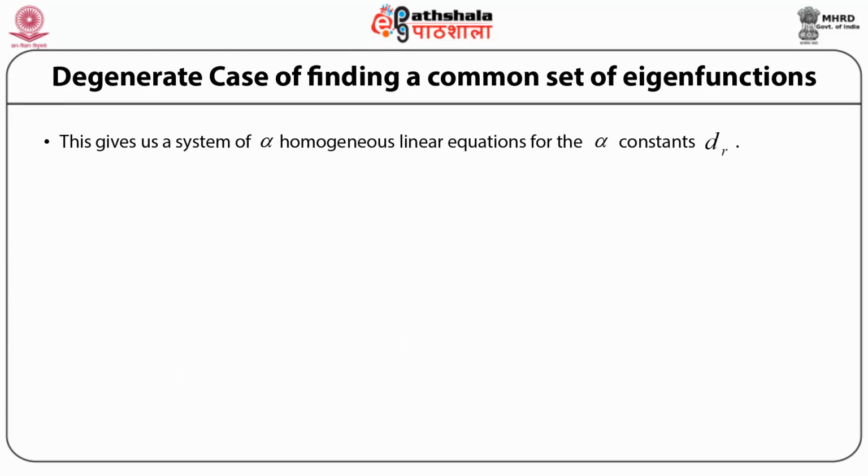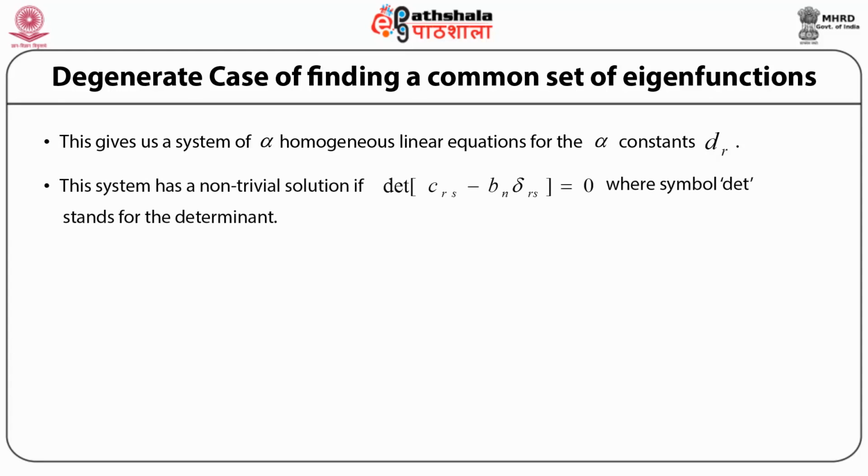This gives us a system of alpha homogeneous linear equations for the alpha constants dr. This system has a non-trivial solution if the determinant of Crs minus Bn delta rs is equal to 0, where the symbol det stands for the determinant. This is an equation of order alpha for Bn having alpha roots.